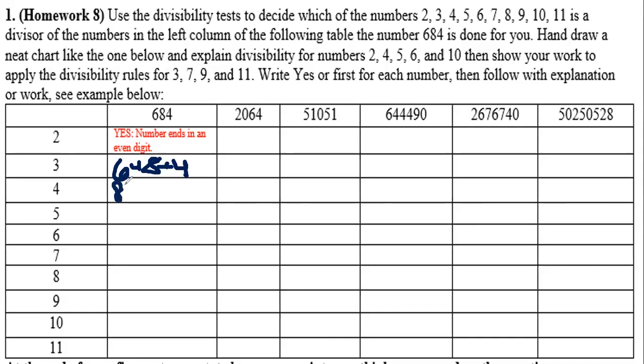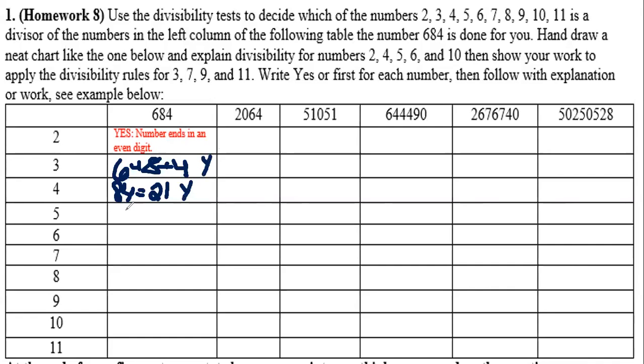This one's a kind of easy number: 8 divided by 4 gives you 2, and then 4 divided by 4 is 1. So 84 is divisible by 4, meaning 684 is divisible by 4.